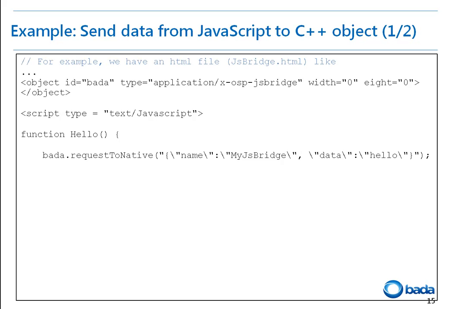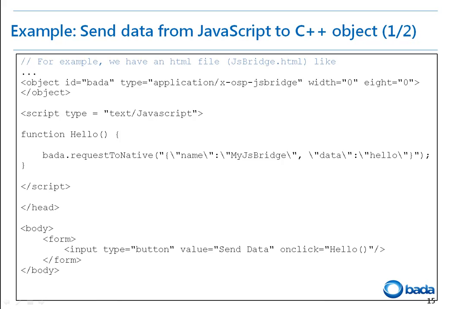The method parameters are in the JSON key, value pair format. Here, myJSBridge is an instance of the iJavaScriptBridge interface, and hello is the value for key data. On clicking the button, you invoke the function hello, which subsequently transfers data to the bada C++ object.